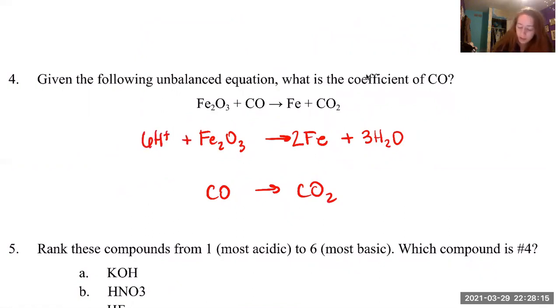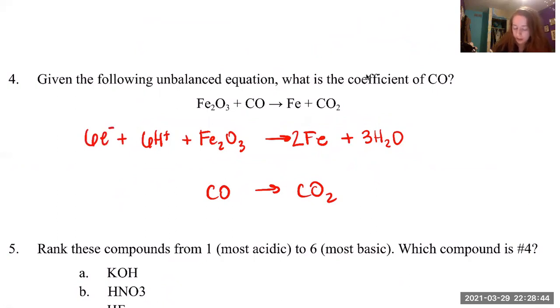Now I've created another imbalance with charge, right? We have a net charge here of +6 and a net charge on the right side of 0. So we want those to be the same. The way to fix that is by adding 6 electrons there, and that will neutralize the charge.